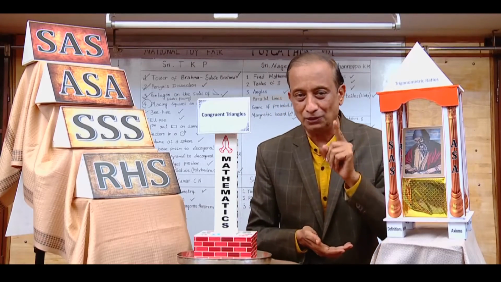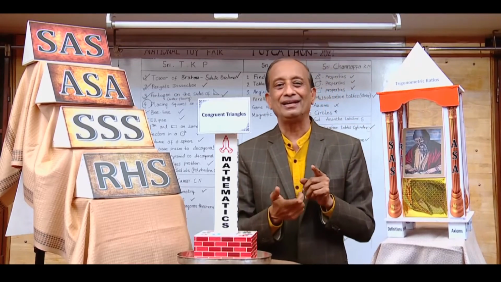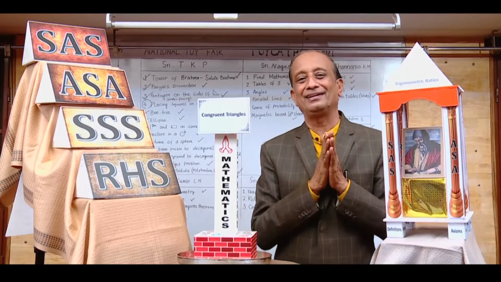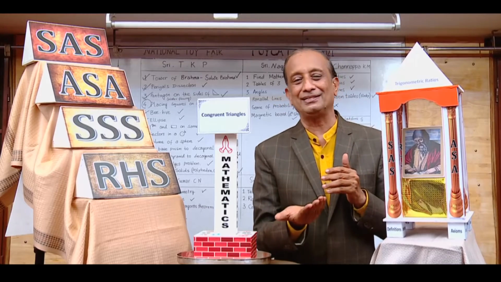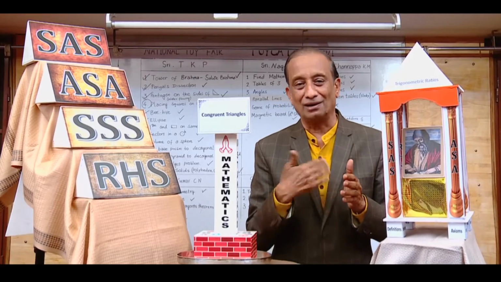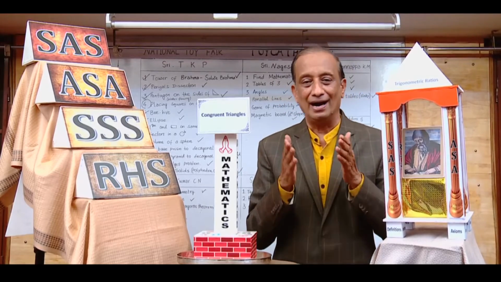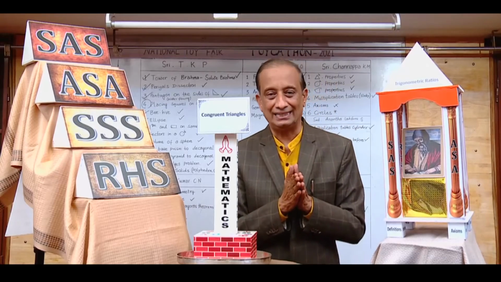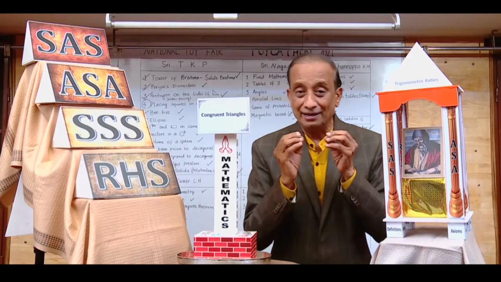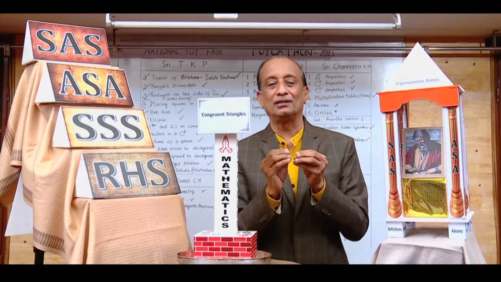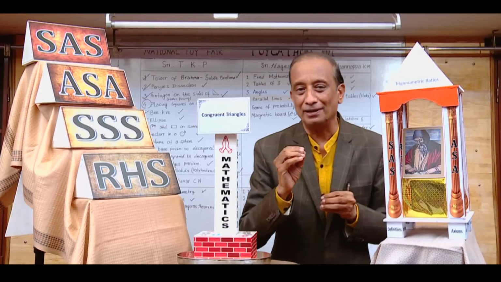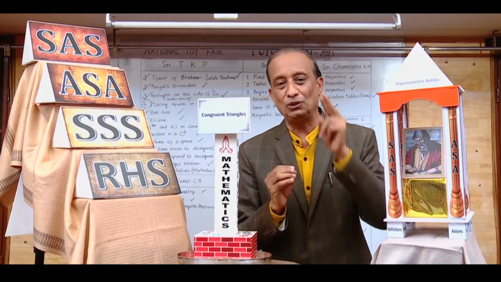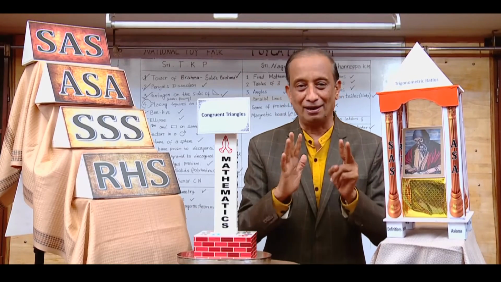This is theorem 5.2. Conversely, if two angles of a triangle are equal, then the two sides facing them are equal. This is the converse of 5.2 and it is theorem 5.3. I request all of you to observe exercise number 5.3, problem number 2 and problem number 5.